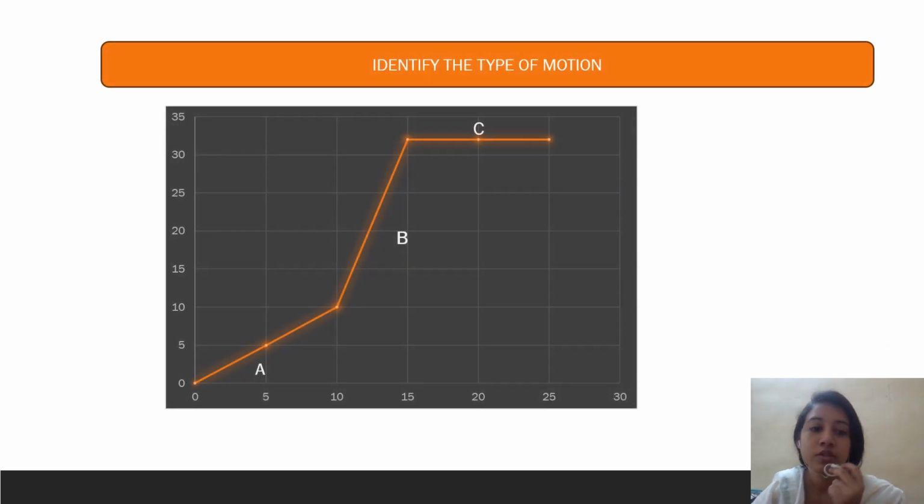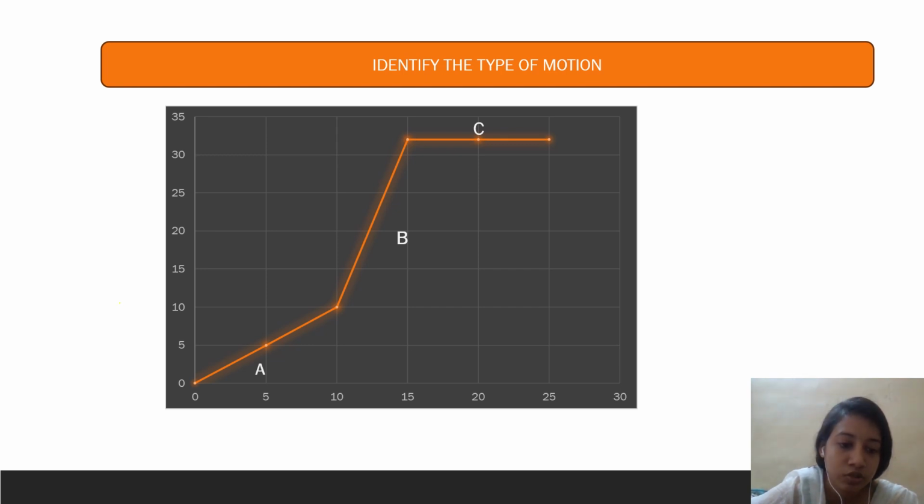Since you have seen how the different types of motion are represented in a diagram, you can revise yourself by checking out what types of motion are denoted here. If you check this one, here 5 meters is covered in 5 seconds. First of all, you can revise what should be written for the y-axis.